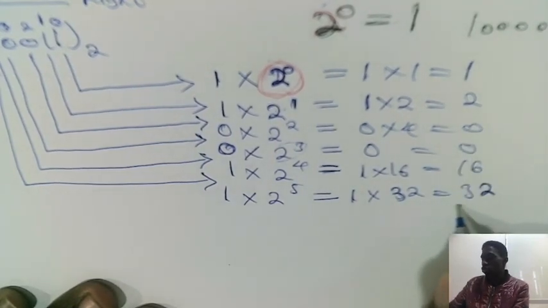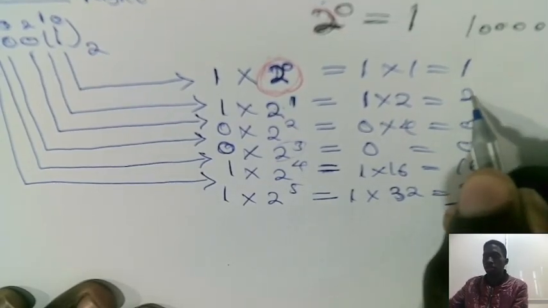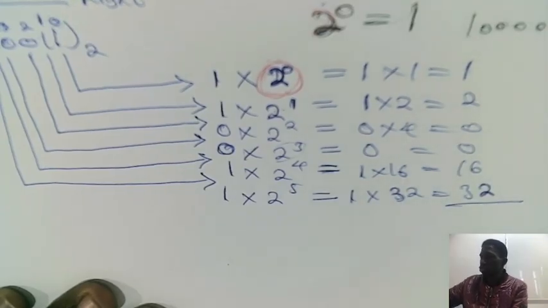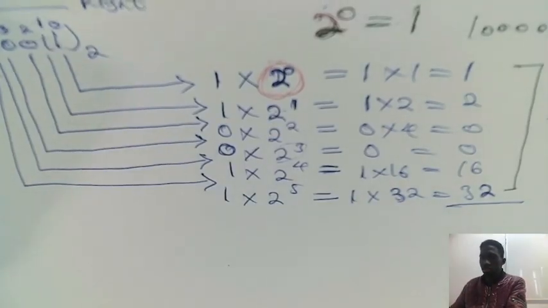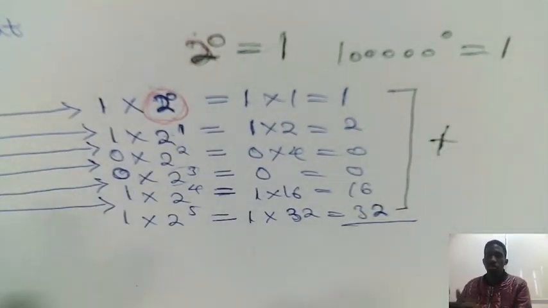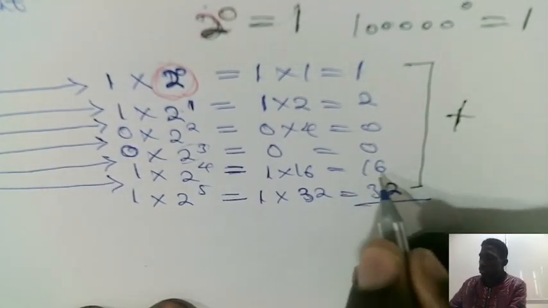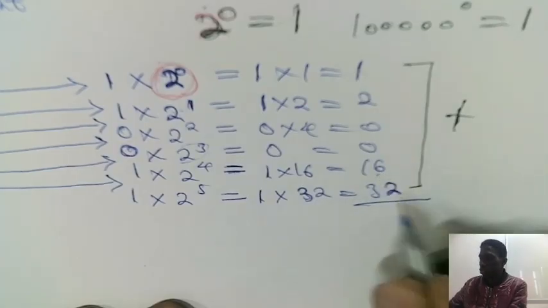Then the last step, we're going to add everything we have here. So 1 plus 2 is 3, right? We are summing up everything to get our final answer: 3 plus 16 is 19, plus 32.